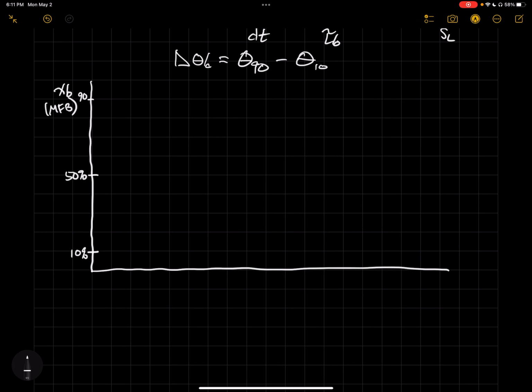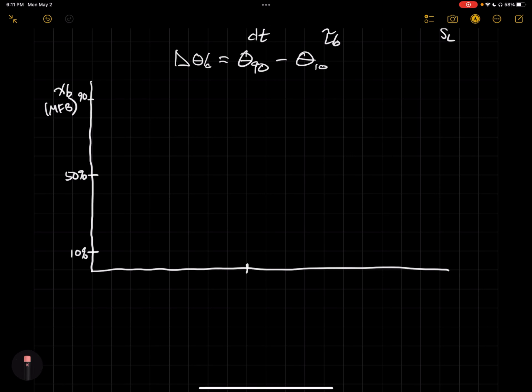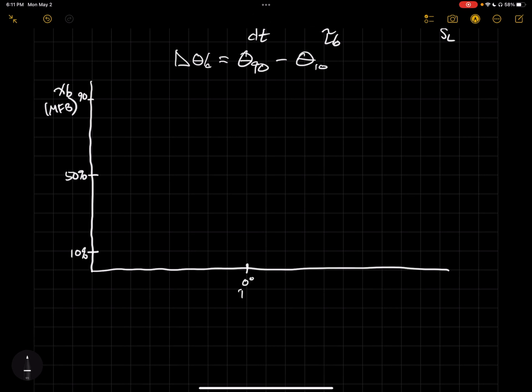I'm also going to mark on here where top dead center is, just to create a reference for us. This is supposed to be 0 degrees, top dead center. Then I'm also going to mark on here where 5 degrees after top dead center occurs. And that's an important parameter, as you'll learn here in just a little bit.